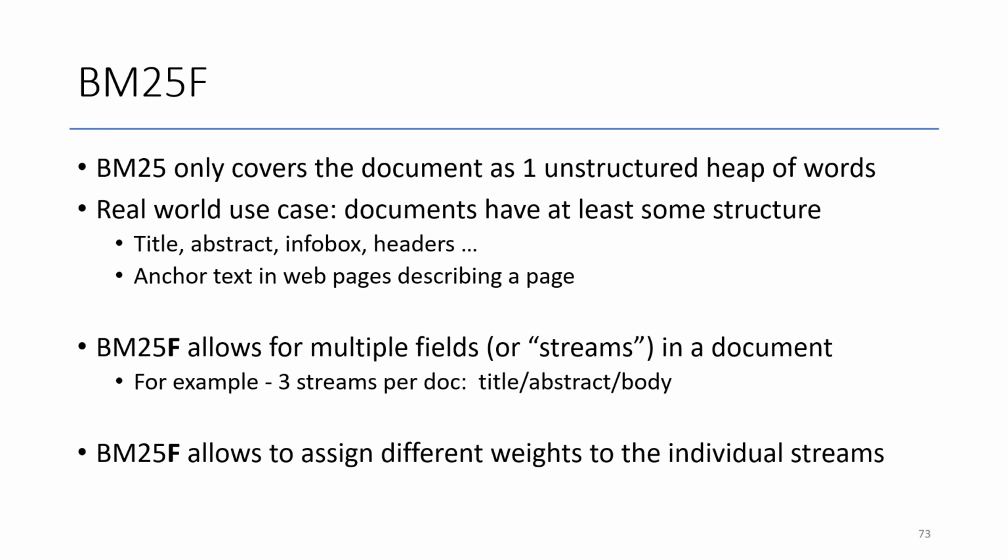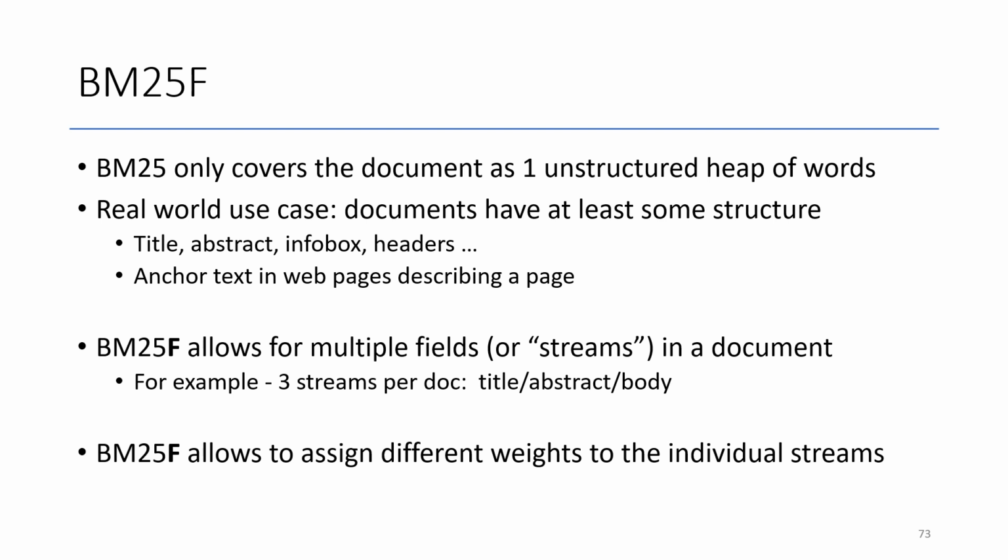To extend BM25 to cover more of a document structure, the BM25F scoring model was proposed, where we look at a more real-world use case where documents have a title, an abstract, or headers, etc. And BM25F allows for multiple fields or streams in a document.